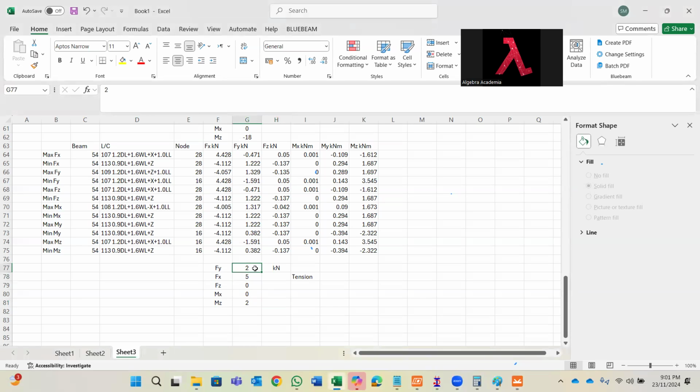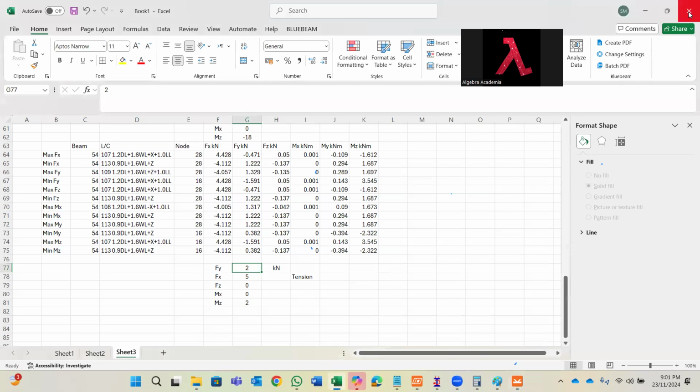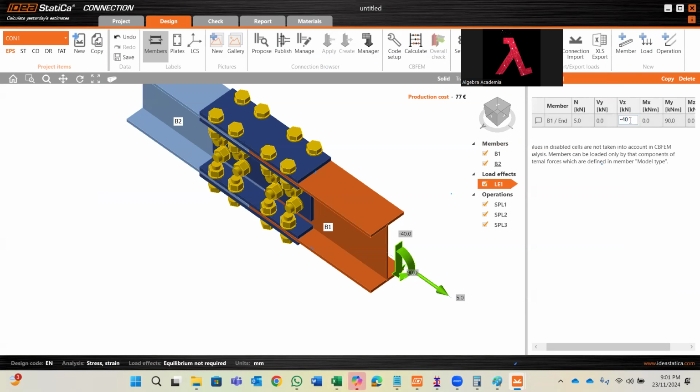And the Fy is the vertical shear and moment. That's all. So the vertical shear is 2, 2, then 2. That's all. Okay.